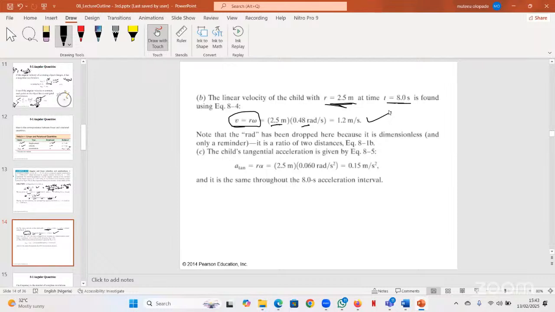So any question? So the linear velocity and the angular velocity are related by V is equal to r omega.